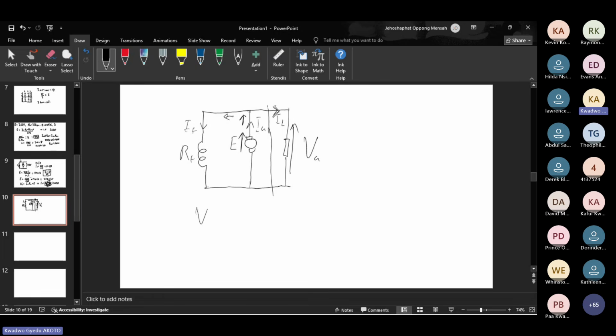And for our relationship, VA is equal to EA minus IA RA. We also know that EA is equal to some constant K phi omega M, and that phi, being flux, is dependent on our IF.